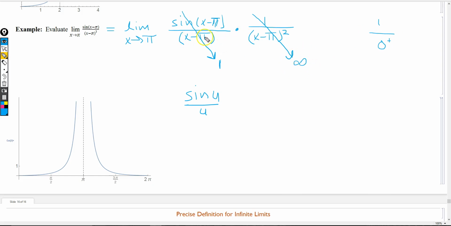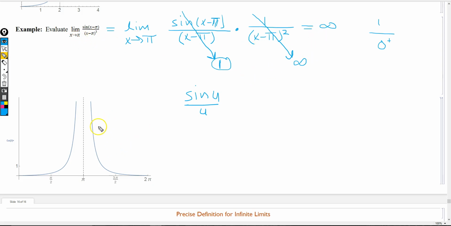And so what we have then, by result number 2, this is like our L that's being referred to in the theorem. 1 times infinity is going to be infinity. And so that's our answer. So the limit of this function as x approaches pi is positive infinity.